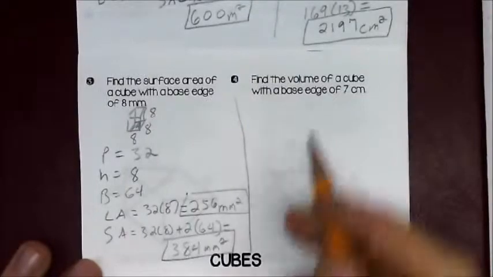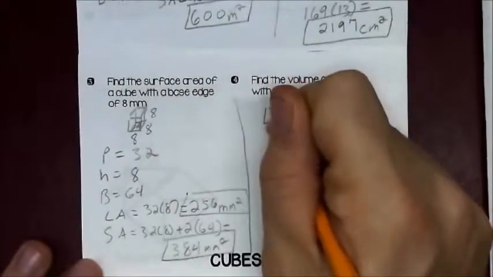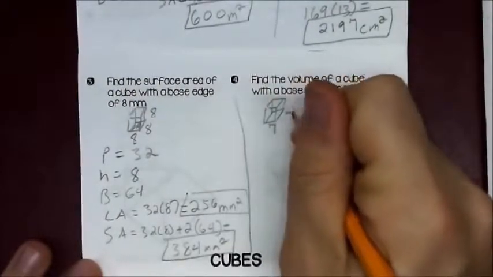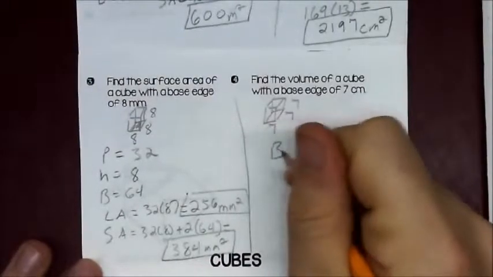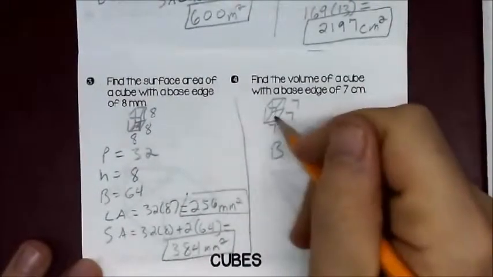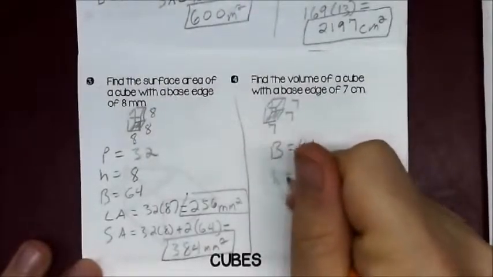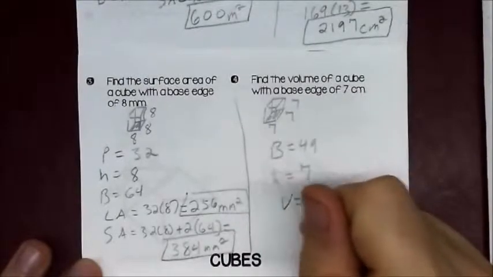Our last problem, volume of a cube with a base edge of 7. So I'm going to draw my cube, mark that everything is 7, and so here I need the area of my base. 7 times 7 is 49. I also need my height, which in this case is 7.